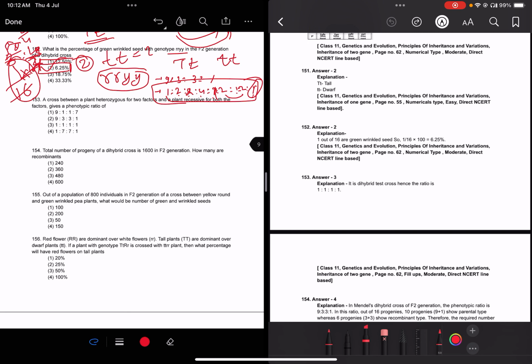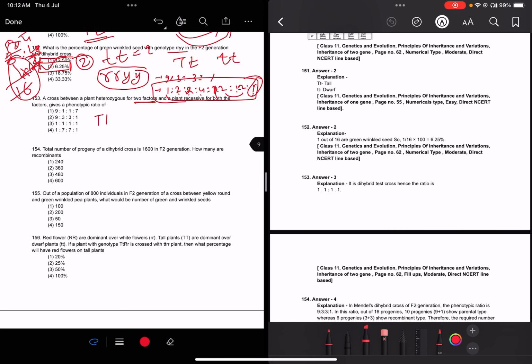A cross between a plant heterozygous for two factors, which means it is a dihybrid cross, and a plant recessive for both factors. Suppose there is one trait for tallness and another for wrinkled and round. This is heterozygous, and the other is recessive for both factors. If this cross occurs, give the phenotypic ratio.